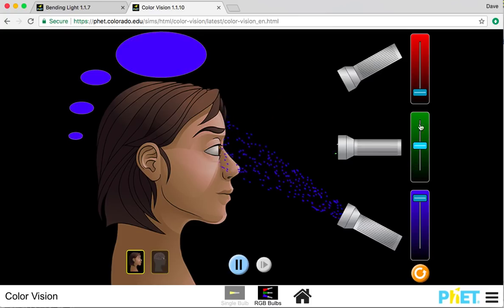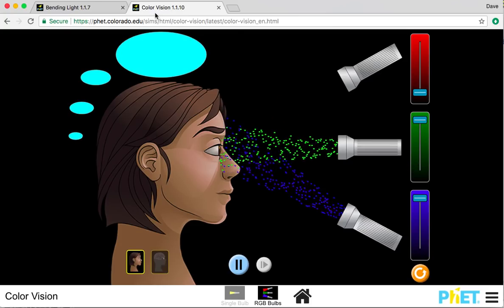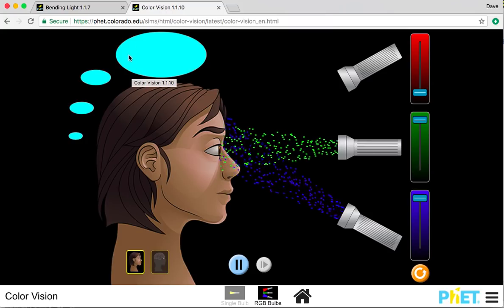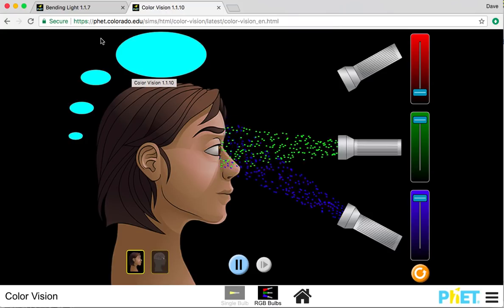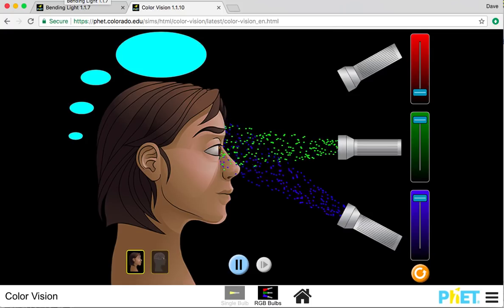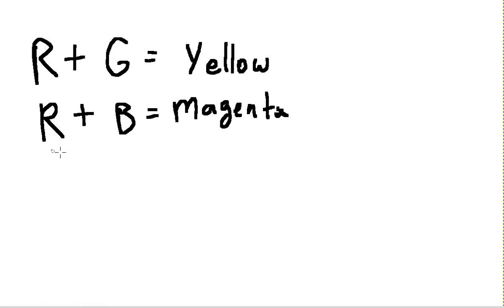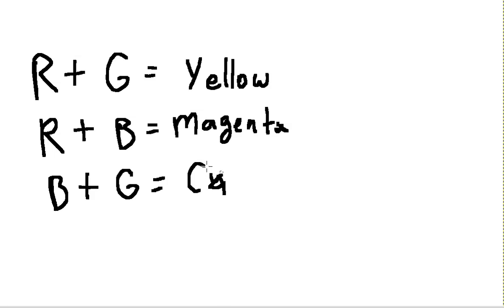But when you combine blue light with green light, this color right here, I'm sure a lot of you think of it as like turquoise or sky blue, but the word that's used is known as cyan. So last color equation, or addition color equation, when you have blue light plus green light, you get cyan.